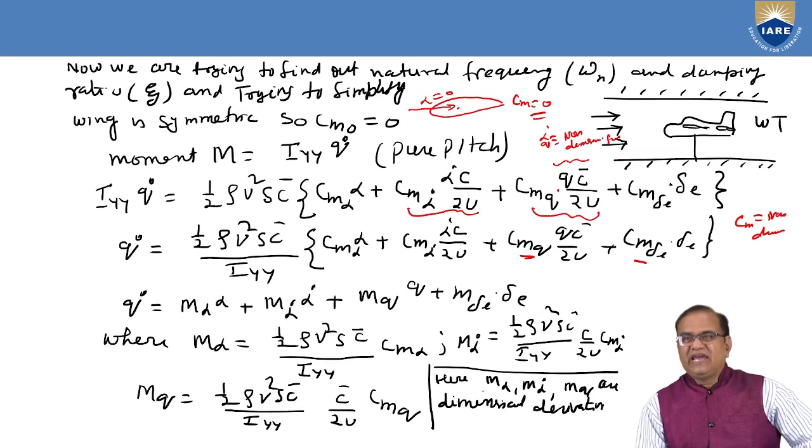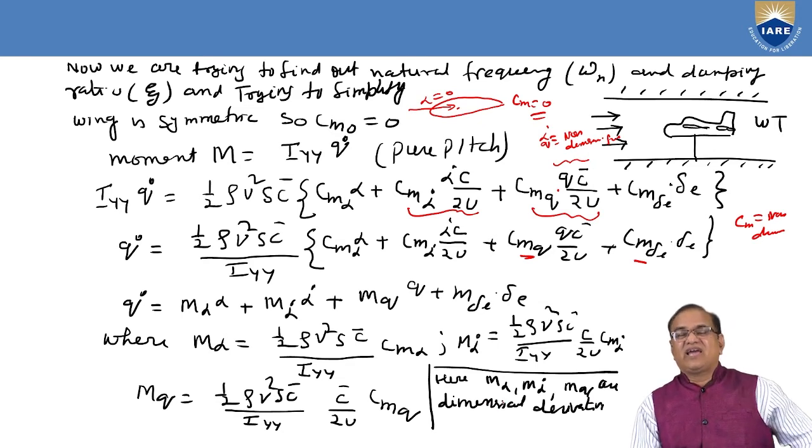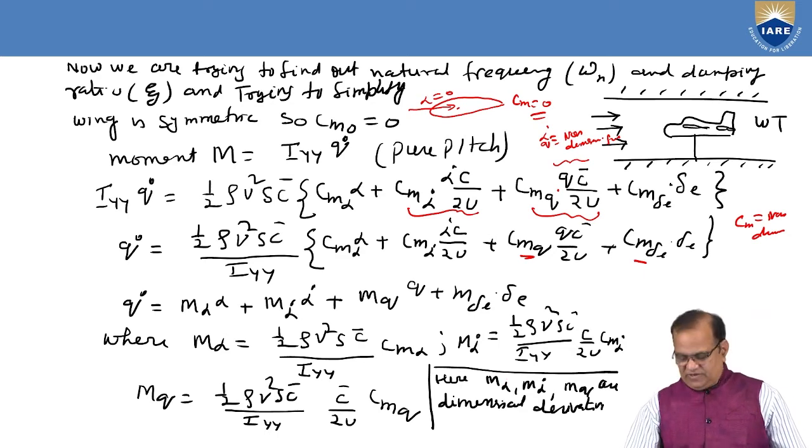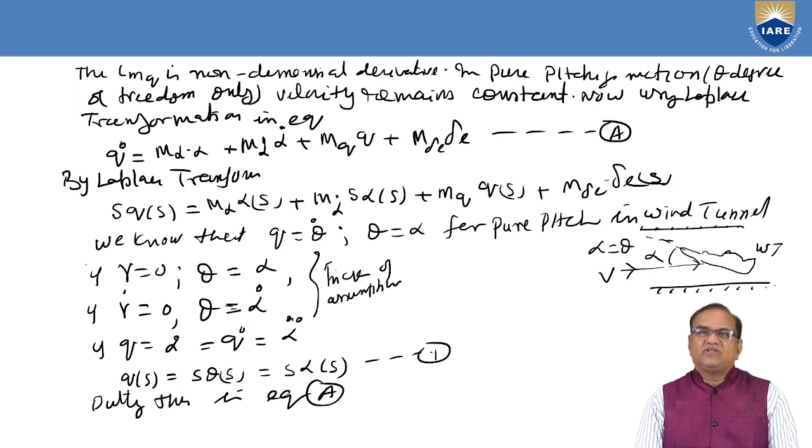So here m alpha dot and m q are the dimensional derivatives. However, Cm is not dimensional, it is a non-dimensional derivative. This is the difference between this equation and the previous equations. So now the Cm q is a non-dimensional derivative.